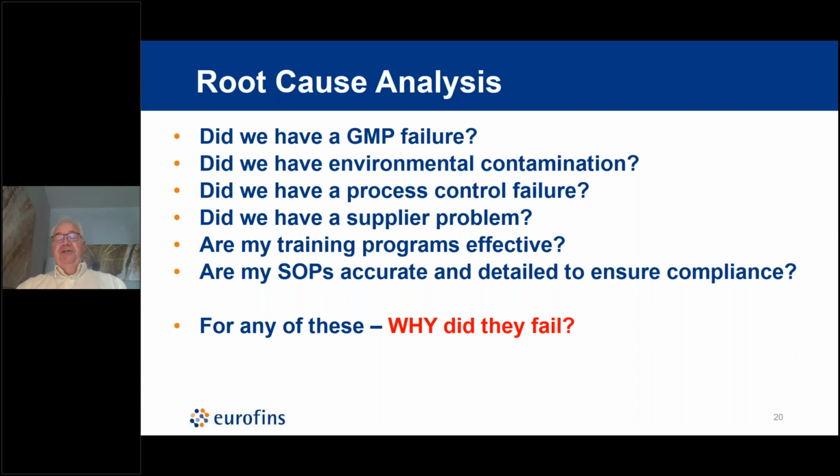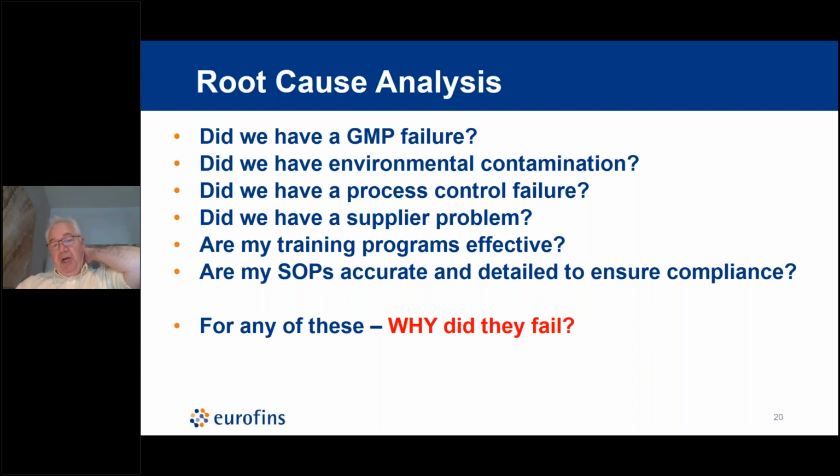If the answer is yes, why did we have a failure? Was this just a transient strain that was tracked in from the warehouse, or did we have a harbored site? Did we have a process control failure? Again, if you've got a CCP failure, what led to that failure? And is there a way we can correct it or prevent it going forward?